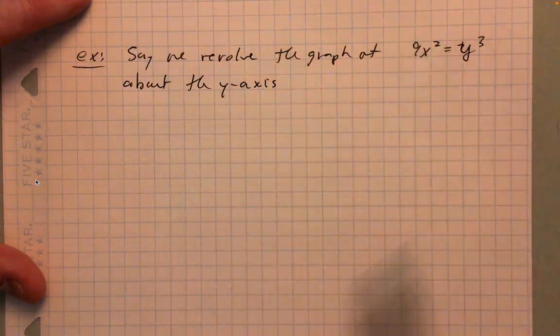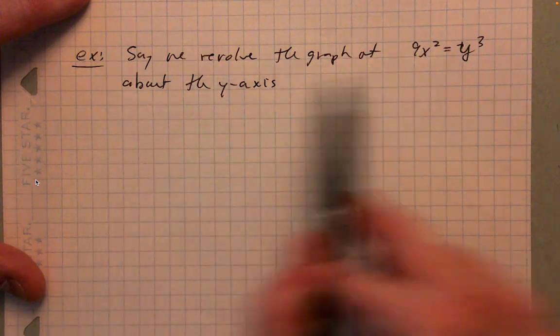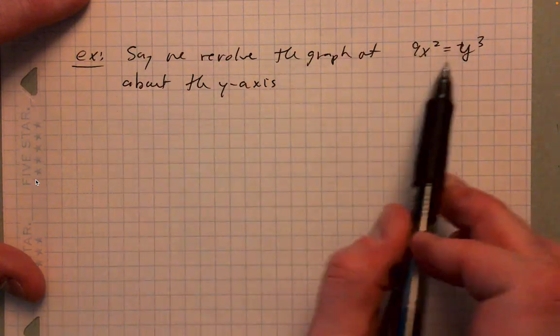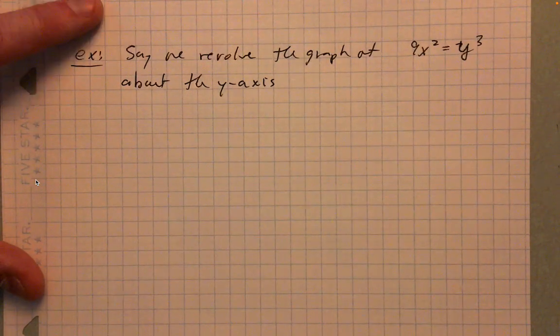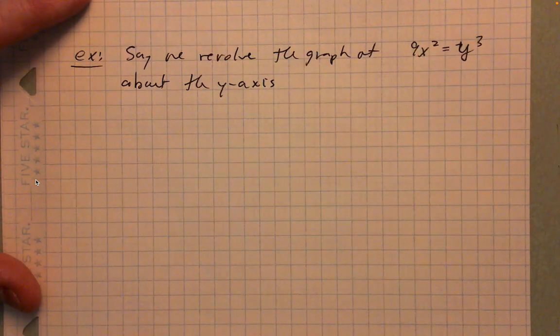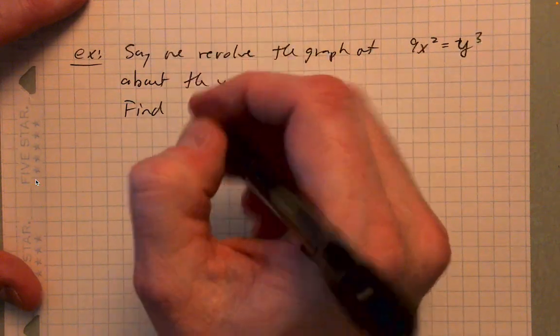This is some graph here in the xy plane, and whatever that curve looks like, we want to revolve it around the y-axis. So we want to find the equation of the resulting surface.